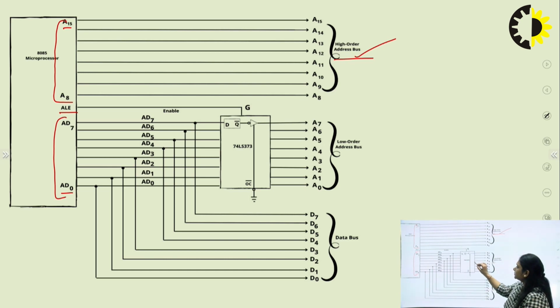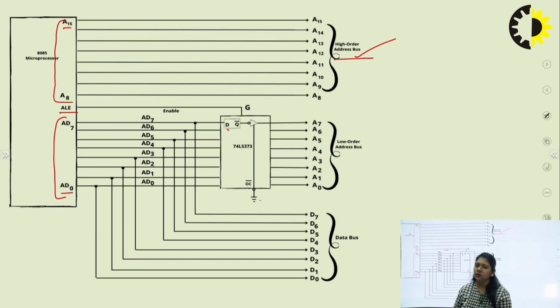So we are taking here a latch, and a latch consists of a D flip-flop. There is an inverter, with the inverted output, and it is grounded. There is ALE which is used for enabling the D flip-flop. So what is the function of a D flip-flop? It just gives you the same output as input. If the input is 1, the output will be 1.